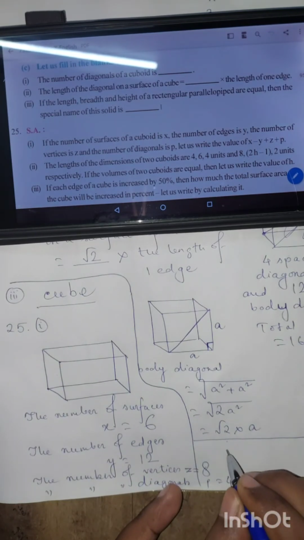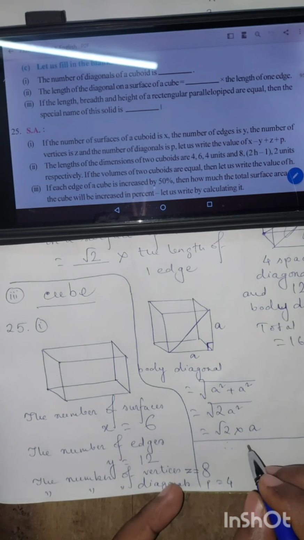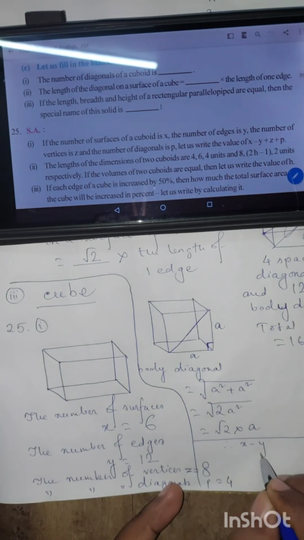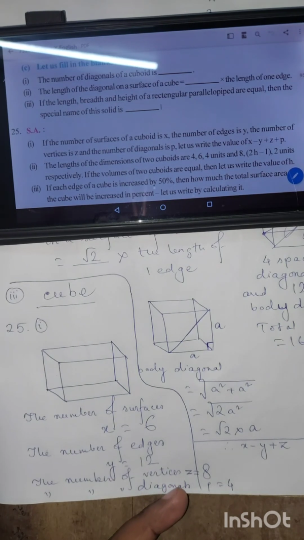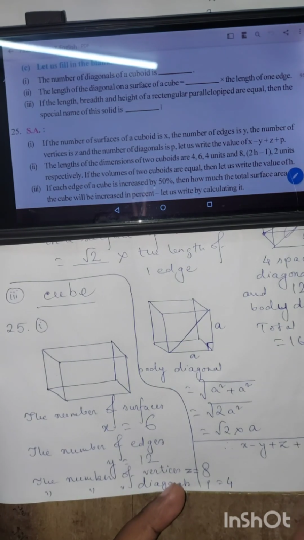Therefore, we need to find out x minus y plus z plus p.